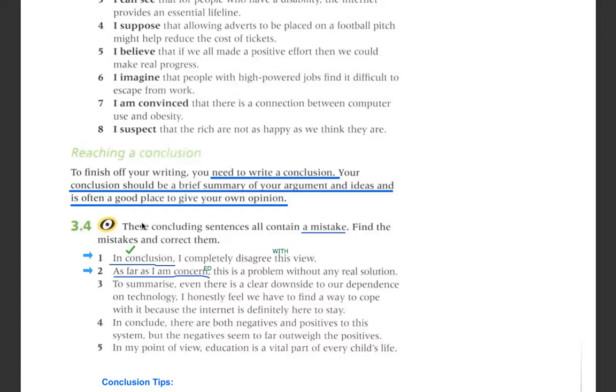Number 3. There's nothing wrong with this to summarize, so that's not the mistake.